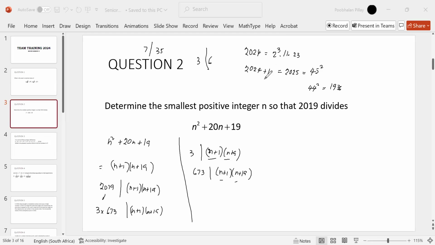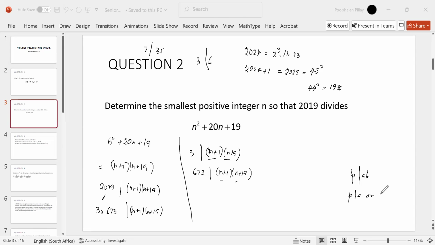Usually in these competitions, they want you to also know some properties of the year in which you are in. And I've just told you one or two things about this. Now, there's another interesting thing about prime numbers. When you've got a prime number, let's call it P, that is a factor of a product AB, then it necessarily follows that the prime number is a factor of one of those.